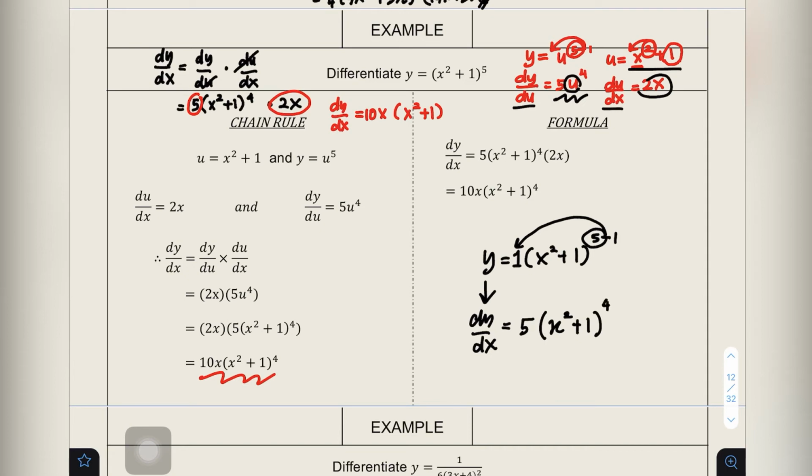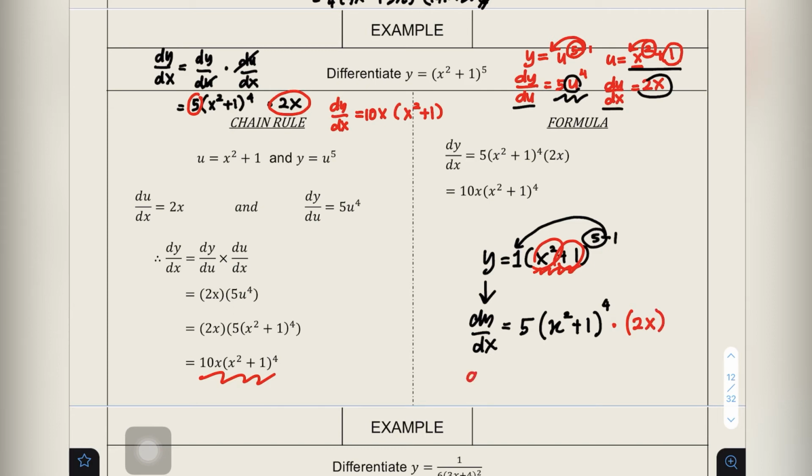And remember, whenever you are differentiating a composite function, you need step number 3, which is you need to differentiate whatever you have in the bracket. You need to multiply with the differentiation of x squared, which gives 2x, and the differentiation of 1, which gives 0, so you have 2x here.